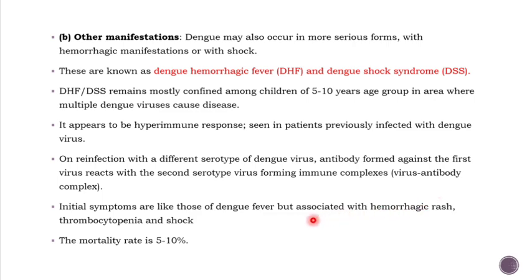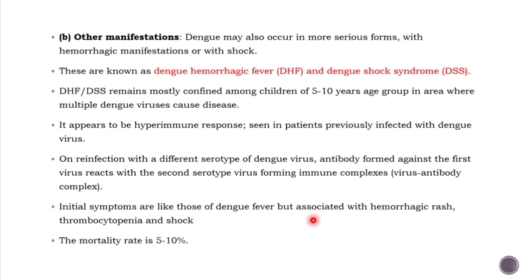The initial symptoms will be similar to classical dengue fever, which will be associated with hemorrhagic rashes, thrombocytopenia and shock. In this case, the mortality rate will be 5 to 10%.